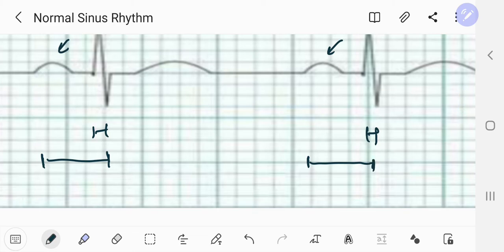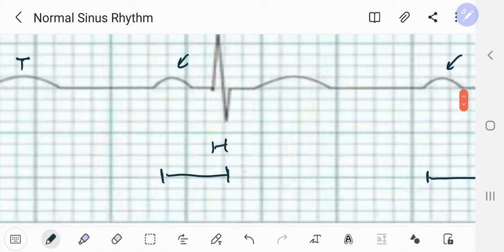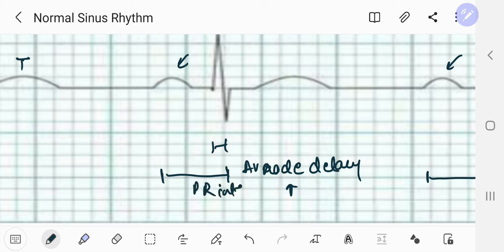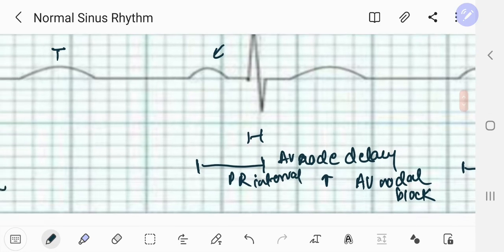Why? Because the PR interval denotes AV node delay. If the PR interval is increased, that means there is an AV nodal block. We'll cover that in Mobitz type 1, type 2 blocks and all the AV nodal blocks, first, second, and third degrees.